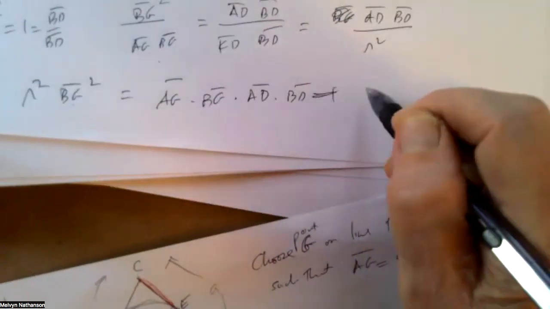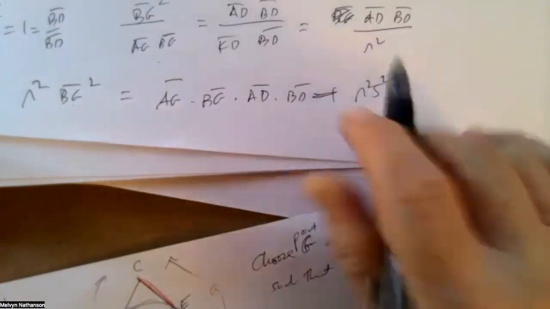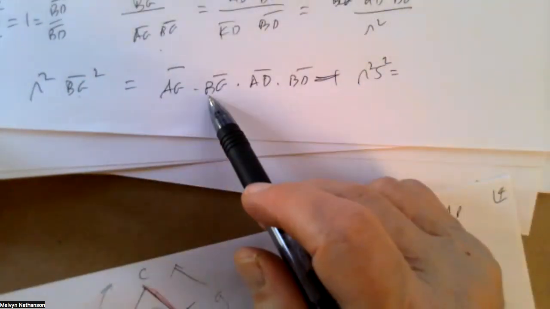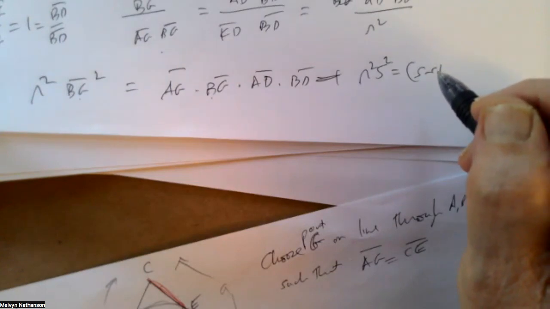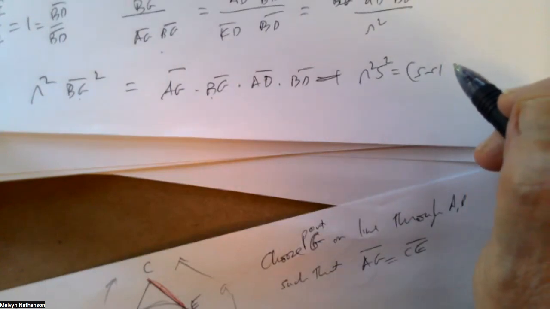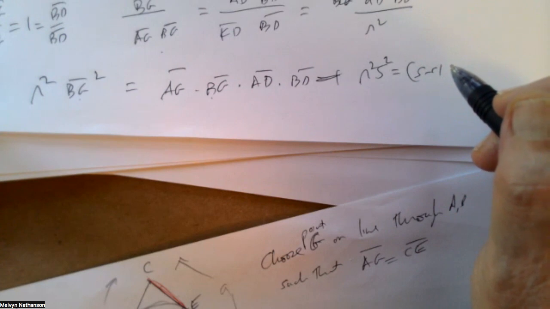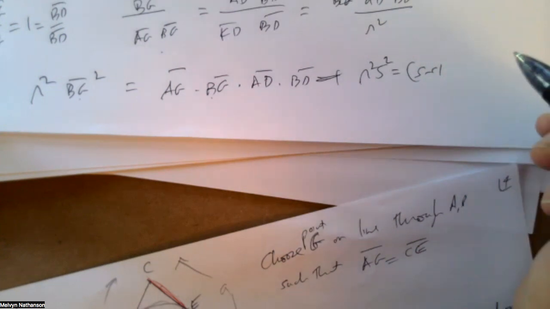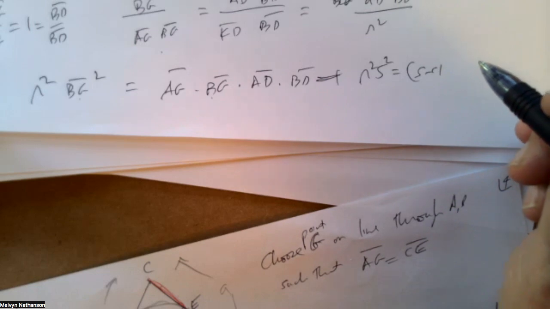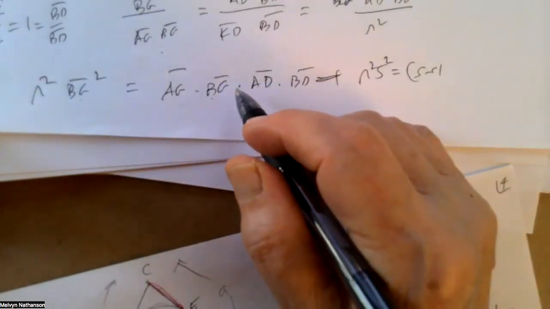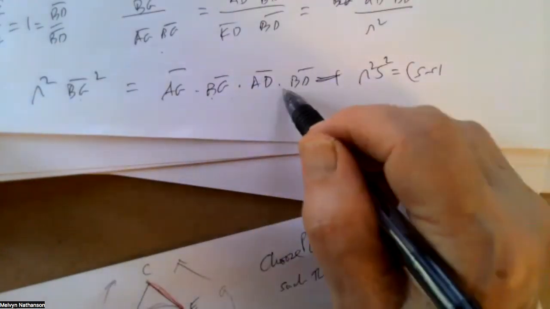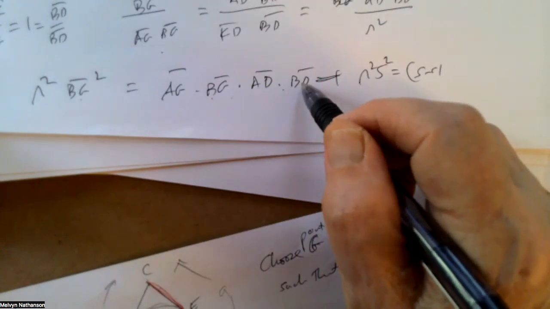The distance from B to G is S. So this is the same as saying R squared S squared equals AG, BG, AD, BD.